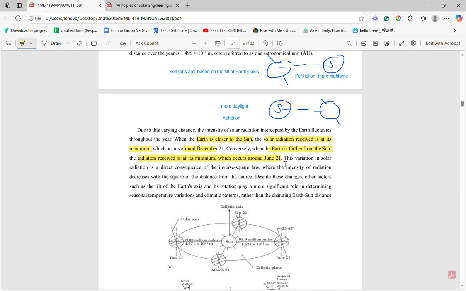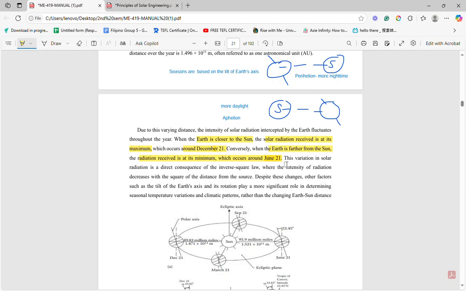But then again, this is quite different when we are talking about the harnessed energy, because during December 21 there is a shorter daytime. So if we collect that maximum amount, that will still be less than the amount that we can harness during June 21, because during this day there is a longer daytime.